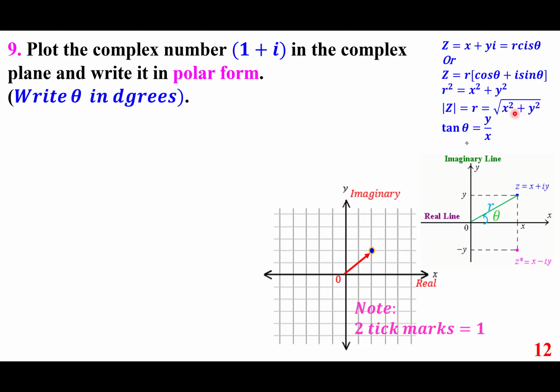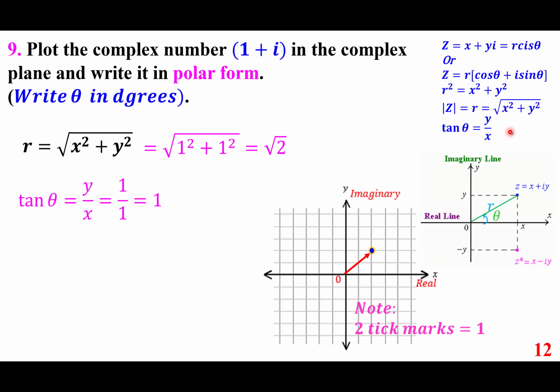And as we said, r is the square root of x squared plus y squared. So 1 squared plus, this is 1i, 1 squared becomes square root of 2. And tan theta is y over x, or 1 over 1, so theta becomes 45 degrees. So that means this angle is 45 degrees. And so z, which is 1 plus i, is r cis theta.